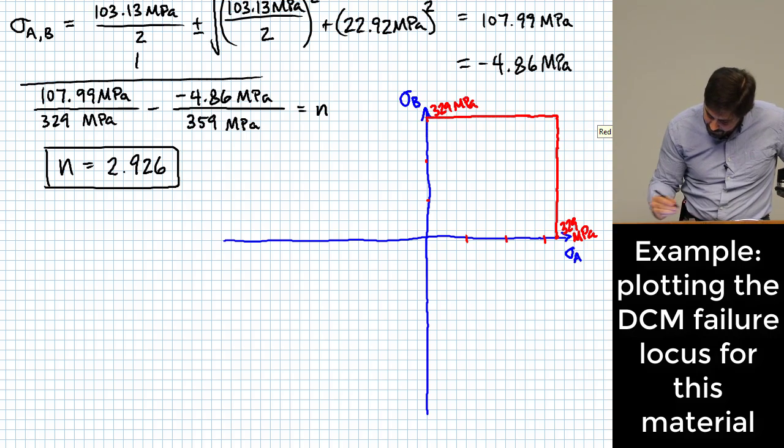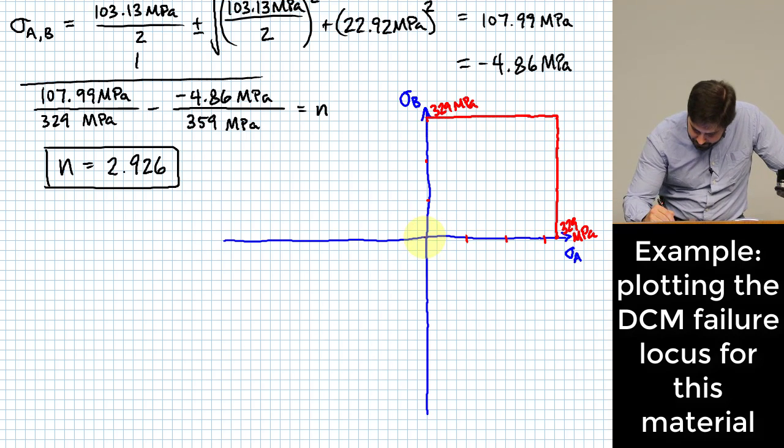Down here I'll have 359, so 100, 200, 350 will be down about there.